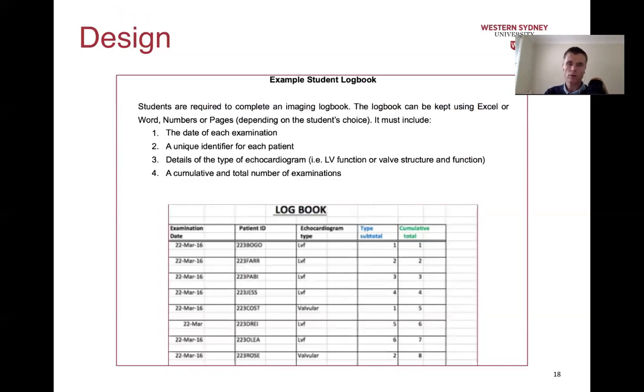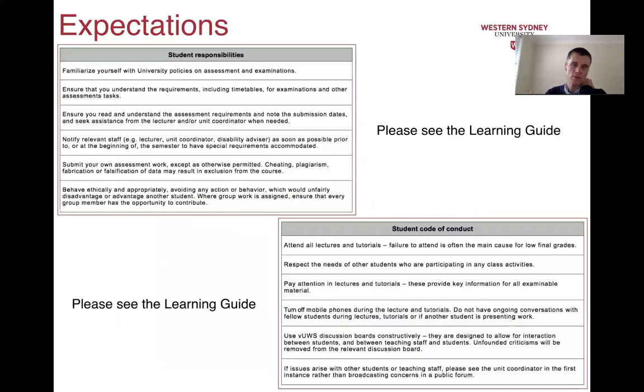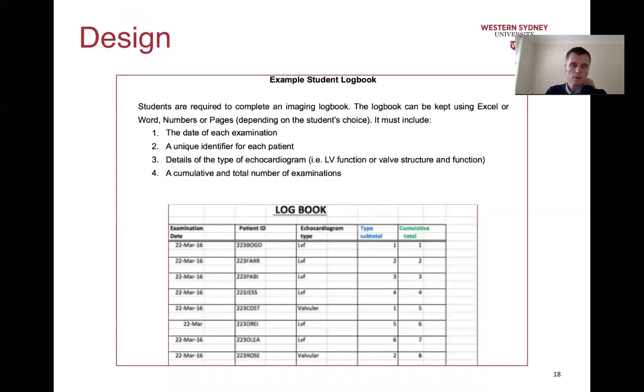This is an example of the logbook, okay? Each logbook needs to have the following 4 parts. There needs to be a date for each of the exams that you've done. Then a unique identifier. Just obviously for privacy matters, use an identification that will enable you to go back and review images without too much difficulty, but that doesn't include the patient's full name or full date of birth.